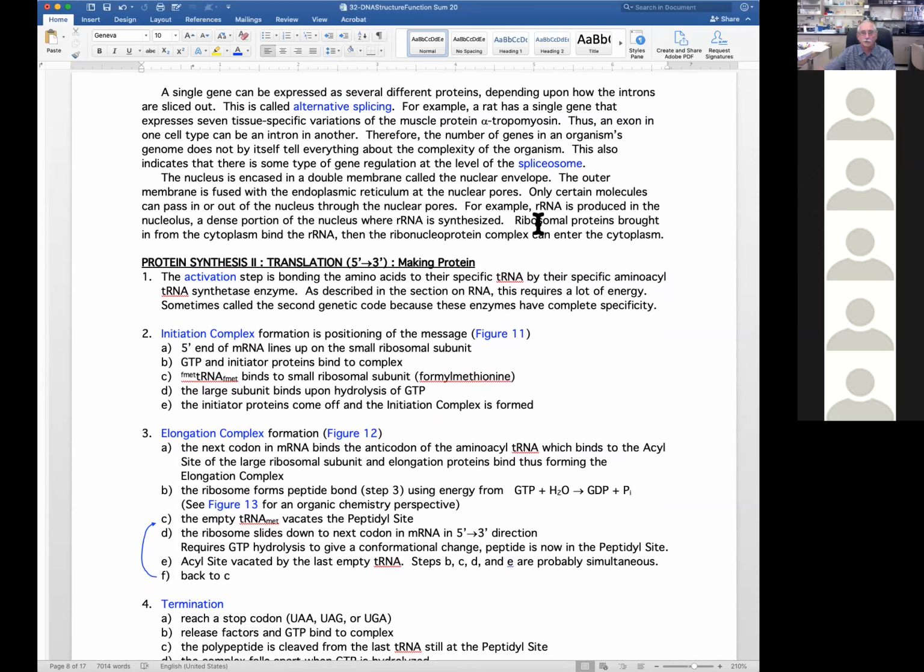So for example, ribosomal RNA is produced in the nucleolus, and ribosomal proteins brought in from the cytoplasm bind to the ribosomal RNA, and then the ribonucleoprotein complex can enter the cytoplasm. It's a rather complex system that's all designed to limit the number of proteins and anything else that's allowed to interact with your DNA.